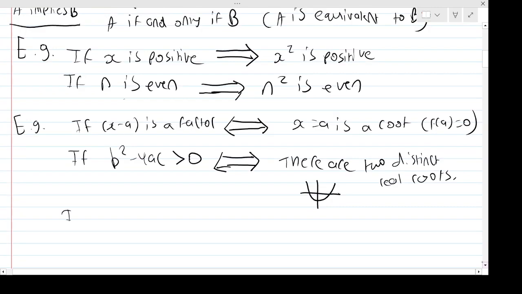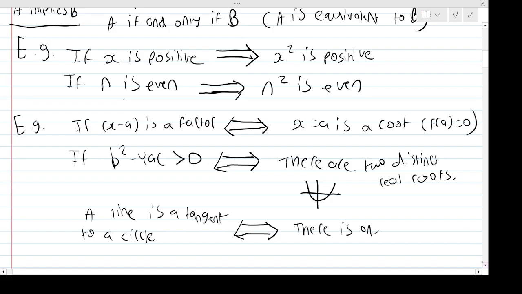So if I have a line that is tangent to a circle, that's if and only if there is one intersection between the line and the circle.